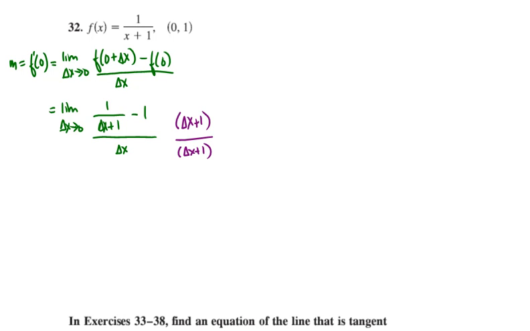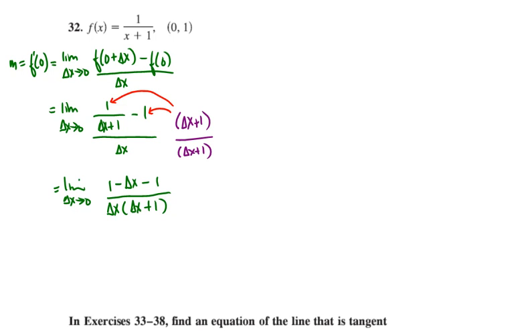So we're going to distribute the factor delta x plus 1 to both the first term, 1 over delta x plus 1, and to the second term, which is just 1. When we do that, we're going to get 1, and then minus the quantity delta x plus 1. If we apply the negative sign, it would be minus delta x minus 1. And that's all over delta x times delta x plus 1.